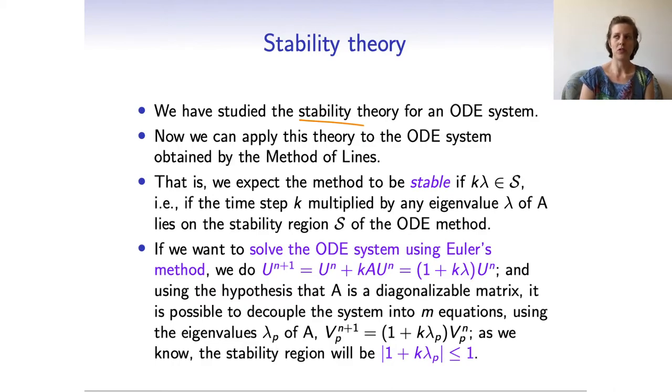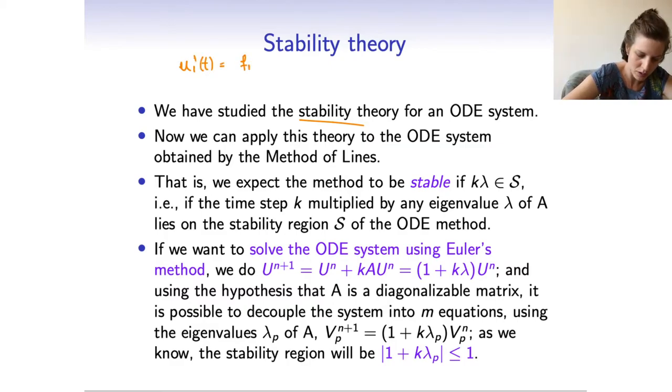So let's just remember what we did. We had some system that was u1'(t) equals some function f1 of u1, u2 for instance, and then u2'(t) equals another function of u1, u2.